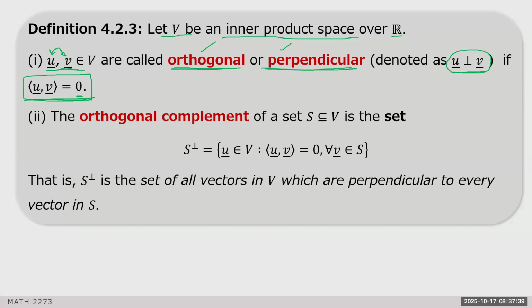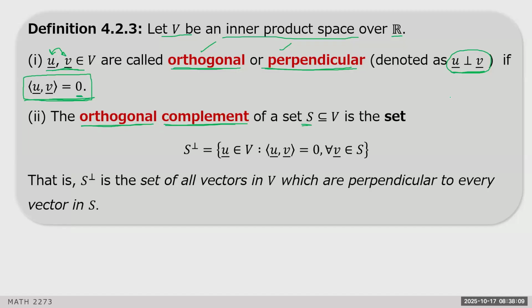It's one of those things where you might need a weekend, or maybe a weekend plus a holiday, to digest what this set really is. But I'll try my best to explain it. The name of this set is a very fancy name. It's called the orthogonal complement. So we're going to find the orthogonal complement of a set S.